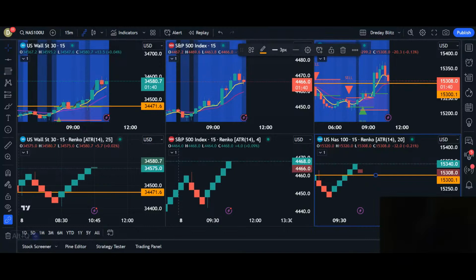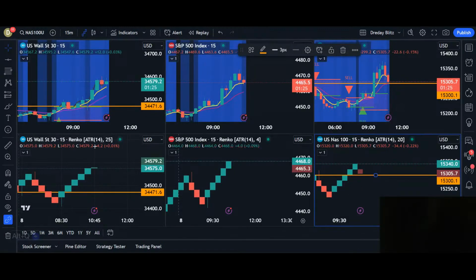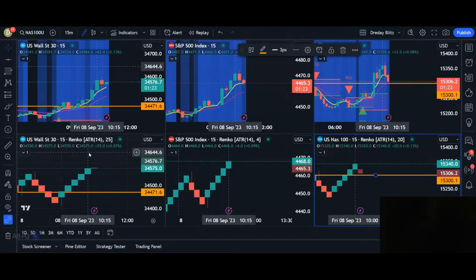All right, so now the Nasdaq is pushing down. If you set the trailing stop, it should have already touched your trailing stop in profit. And for the S&P 500 and the US30, we're still looking for bearish so far.